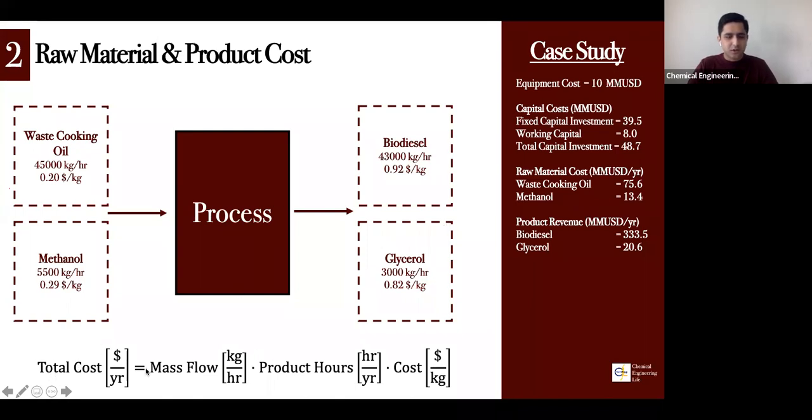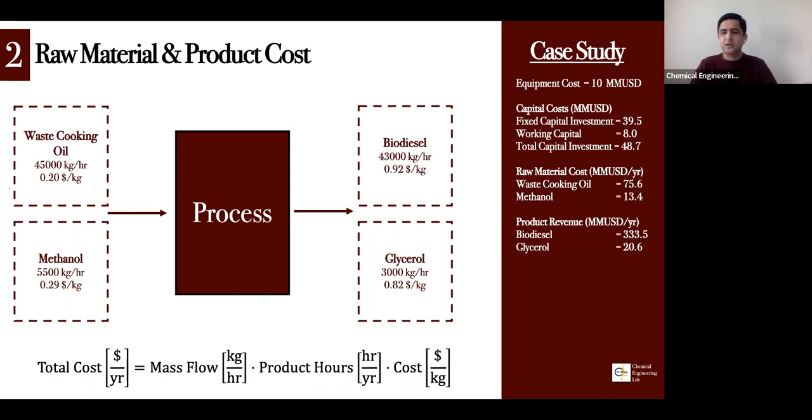The way you convert it into years is that you have the total cost, which is calculated from the mass flow, which we have right here. So we have over 45,000 kilograms per hour. You multiply it by your production hours, meaning how many hours you're going to be running your plant per year.